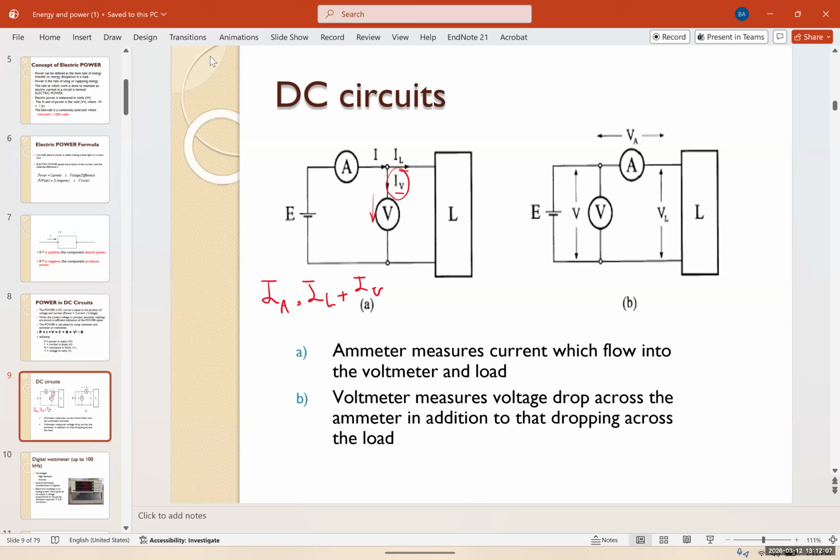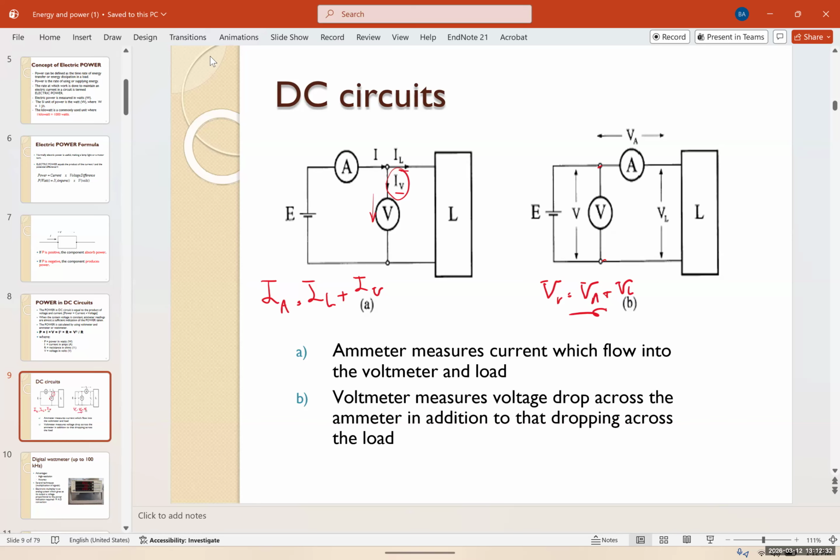The power that you're measuring is showing a little bit of power that is going into the voltmeter as well. Another way is to measure the voltage across the combination of the ammeter and the load. Again, here, the voltage of the voltmeter is the voltage of the ammeter plus the voltage of the load.